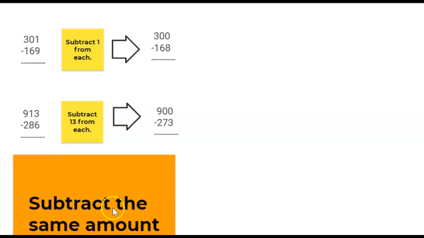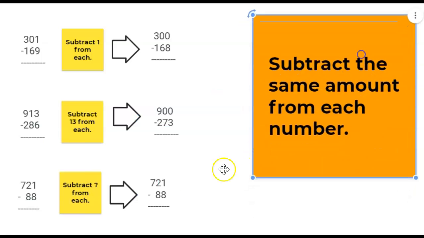Let's do one more. This is the last example that's in the Khan Academy tutorial. So we're looking at 721 minus 88. And if you're looking for nice, pretty numbers, you could subtract 1 to get 720, or you could subtract 21 to get an even 700. It's really your preference.